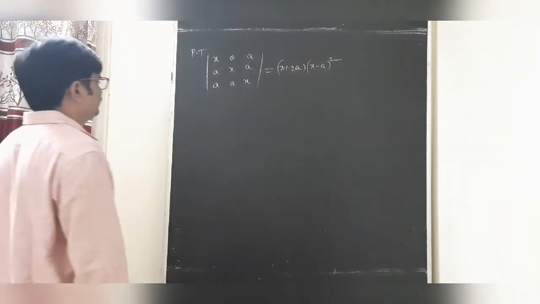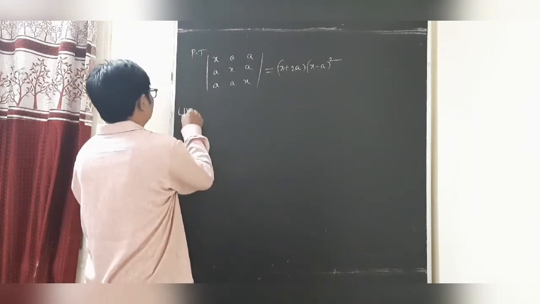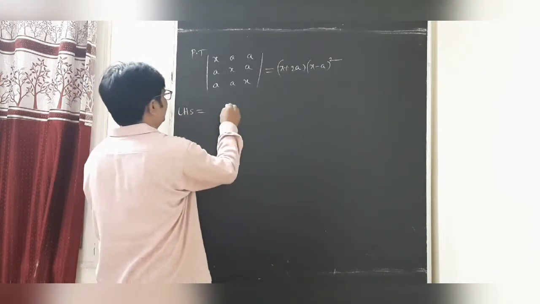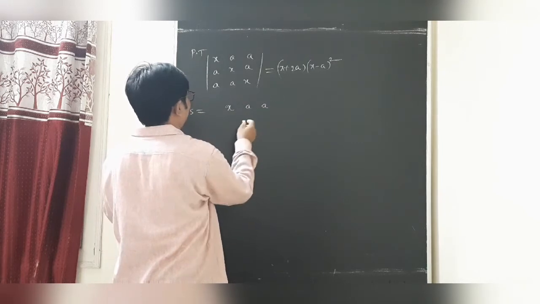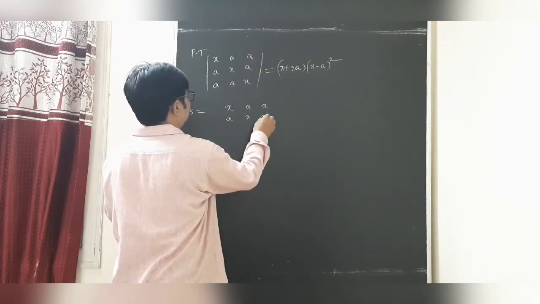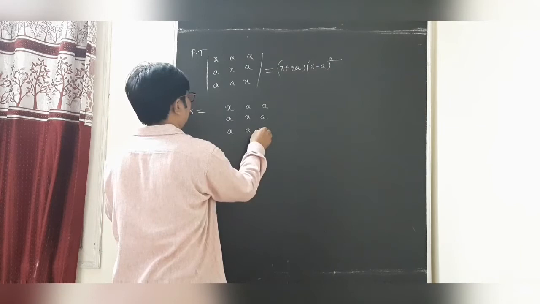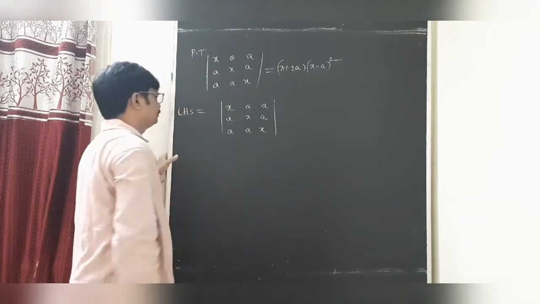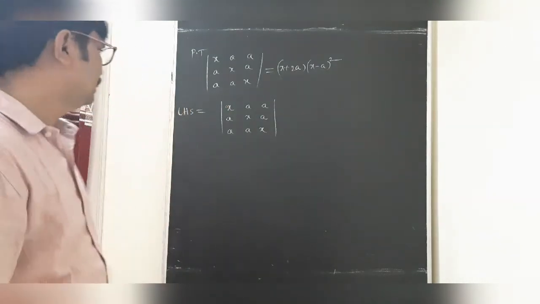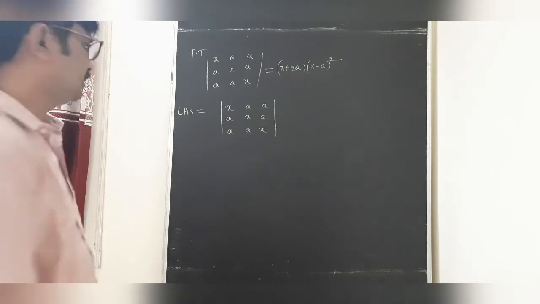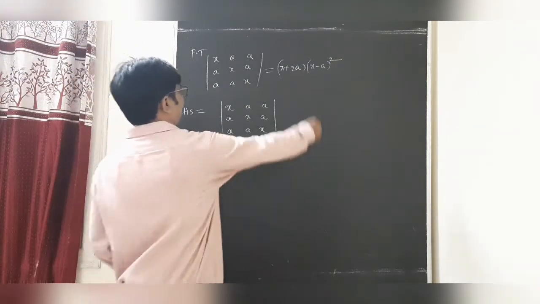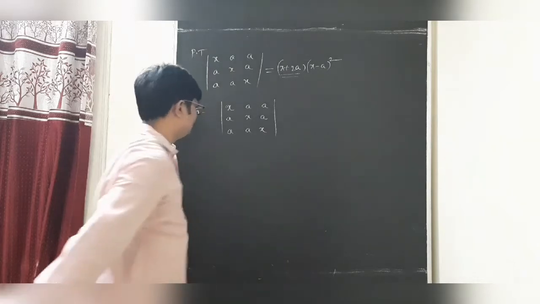Now the left hand side is x, a, x, a, x, a, x, and the right hand side is x plus 2a.